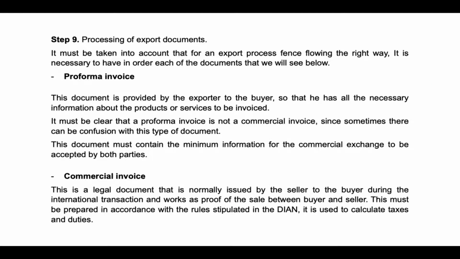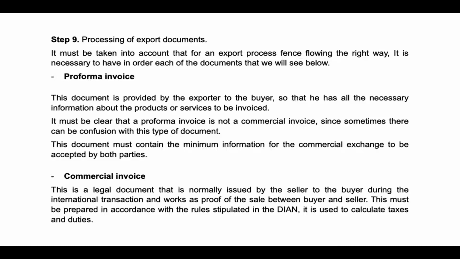Step 9. Processing of export documents. It must be taken into account that for an export process to follow the right way, it is necessary to have in order each of the documents that we see below. Pro forma invoice.